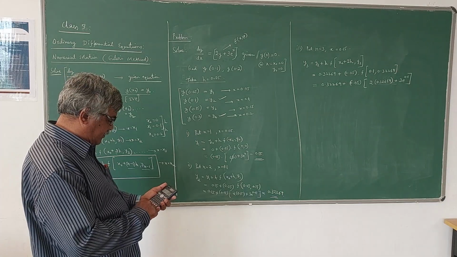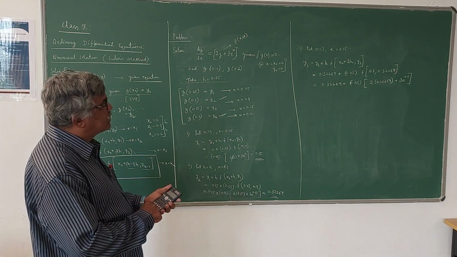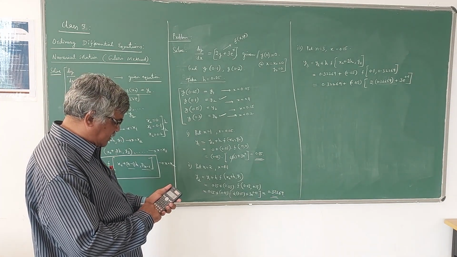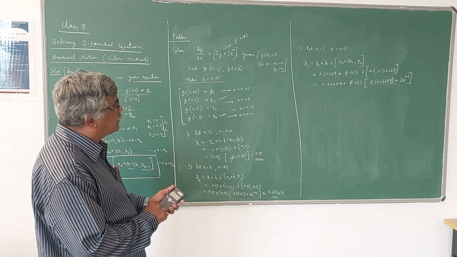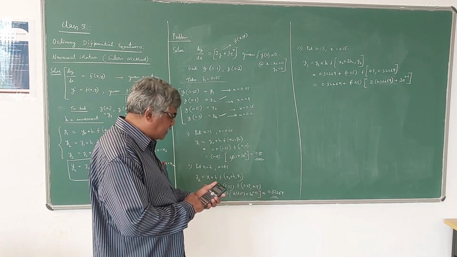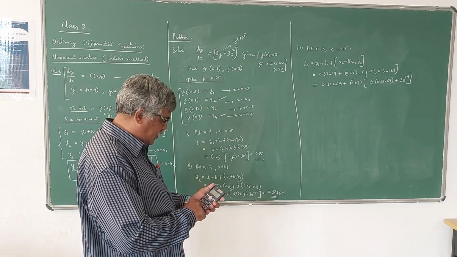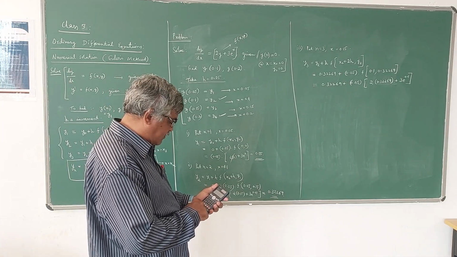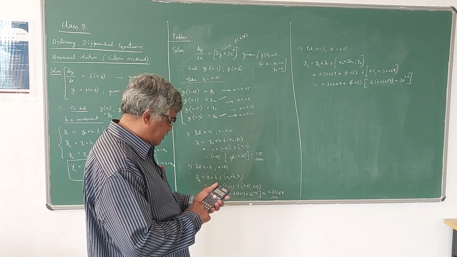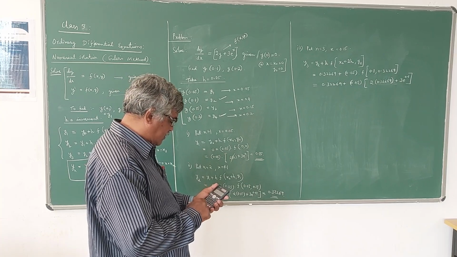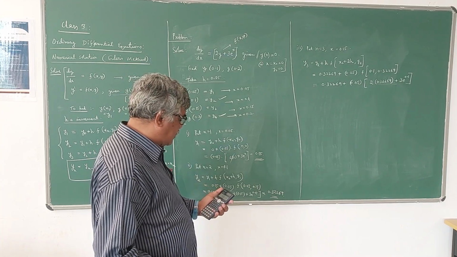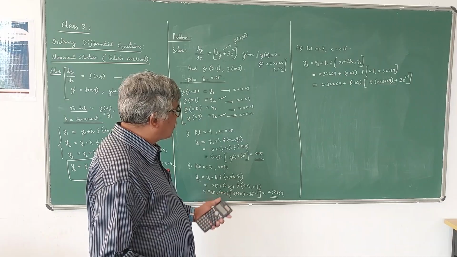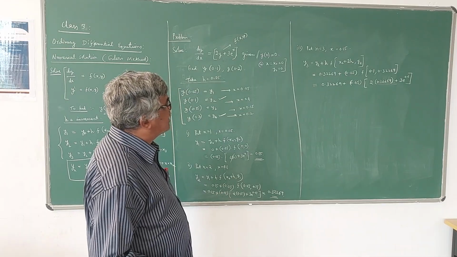Into 3 plus 2 into, be very careful in computation, do it slowly. 0.4296. E to the power of 0.1.